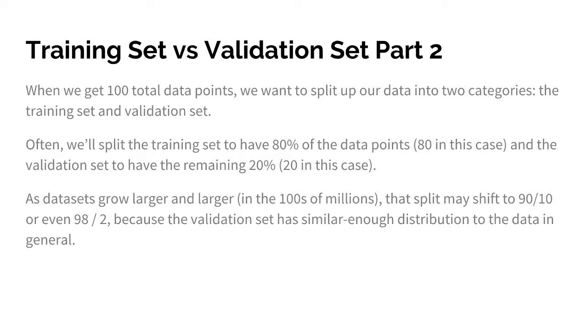As data sets grow larger and larger, and now we're dealing with hundreds of millions or more data points, we can shift the split to about 90 training and 10 validation, or even 98 to 2. Because as our data set grows larger, we have less randomness, less variance, and so the data set has a similar enough distribution to the overall data for you to use it as a good predictor of what general unseen data is going to look like in the model.